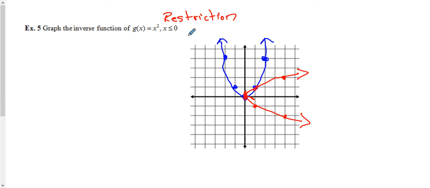So really, that means out of my graph, if this is my x squared, the only piece that it really wanted me to graph was everything less than 0. So this piece right here was what I needed to graph, but I graphed the whole thing. If this was my piece that I wanted to graph only, and I reflected it on my y equals x line, it's going to be this piece down here in red.